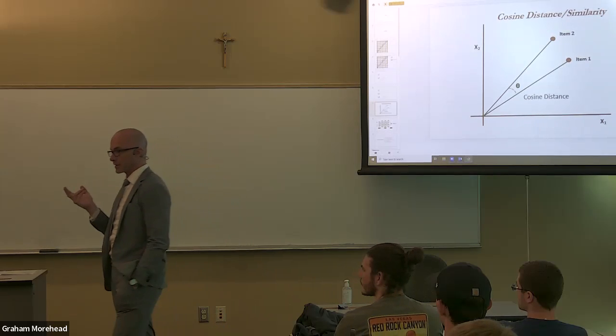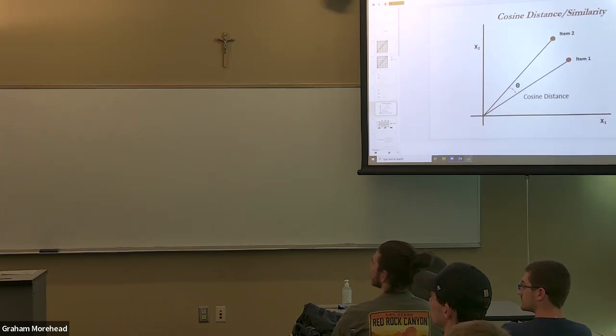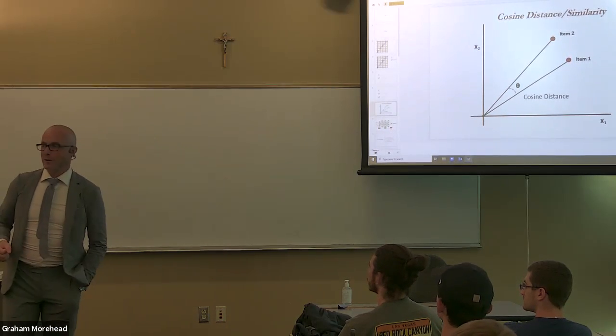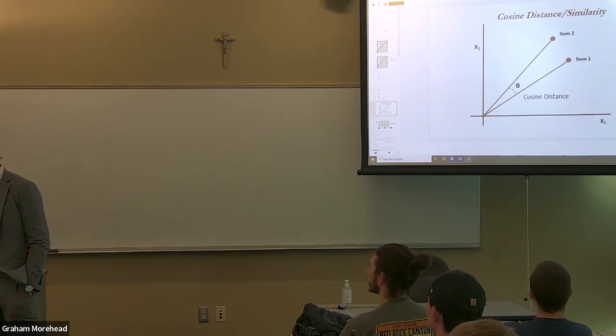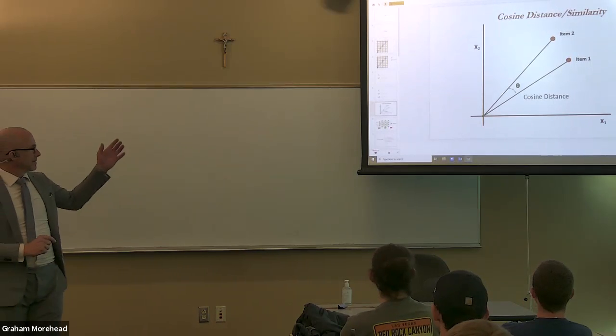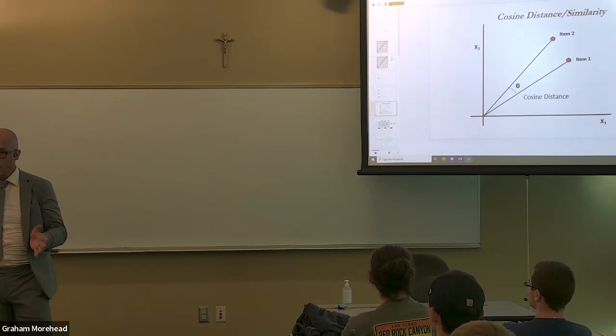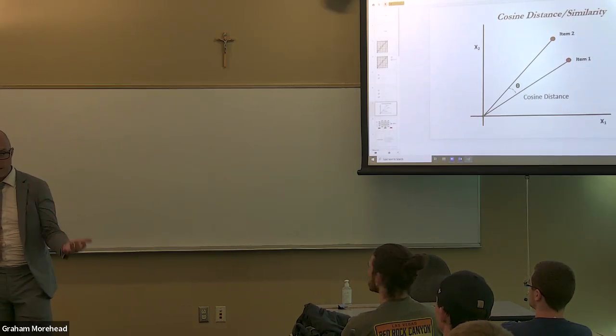How far can you get away from something? Say infinite space, infinity, right? So, which sounds easier to deal with? Similarities. That's why we use cosine similarity to go from 0 to 1 instead of cosine distance.